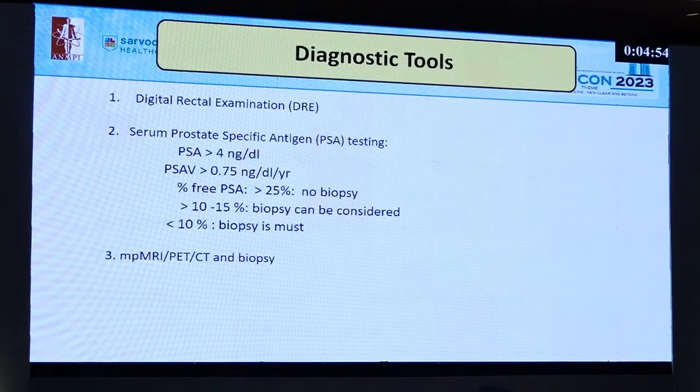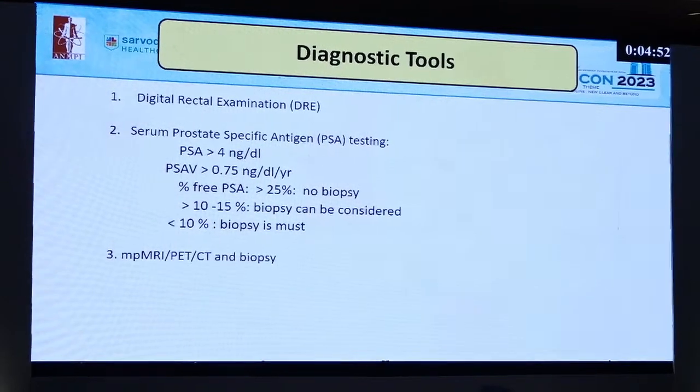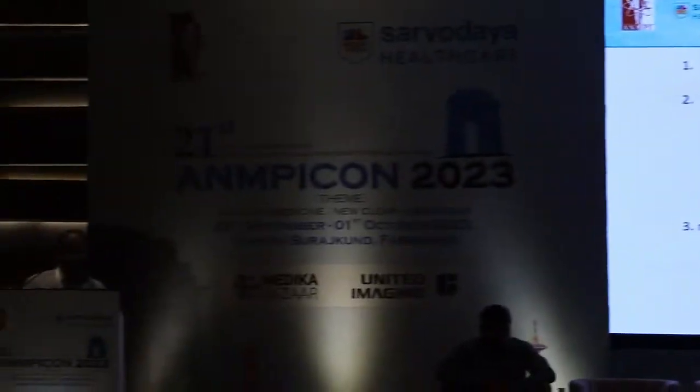There are many diagnostic tools to obtain a biopsy from the prostate, like DRE and serum PSA. We can do it by digital rectal technique, through transrectal ultrasonography, through the transperineal approach, or through the transgluteal approach. It's not very defined. We can use ultrasonography for biopsy, transrectal ultrasonography, and even MPMRI to target the lesion.